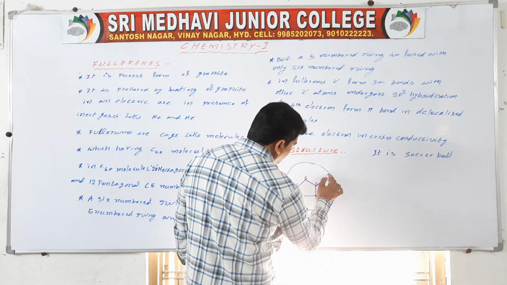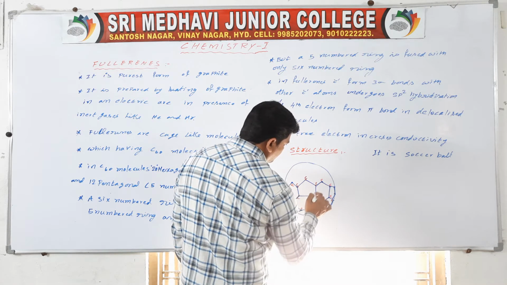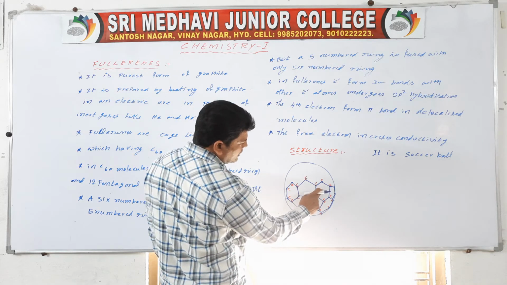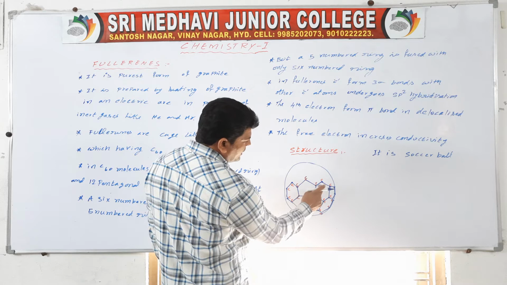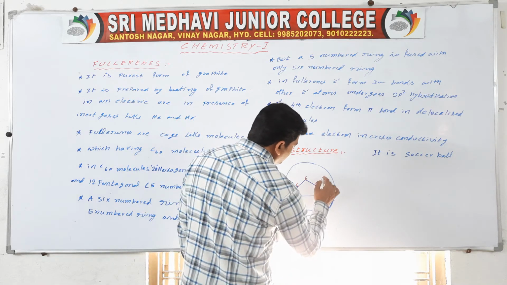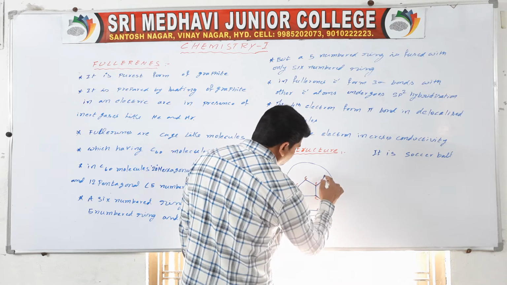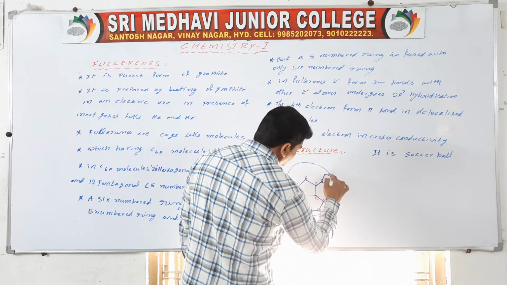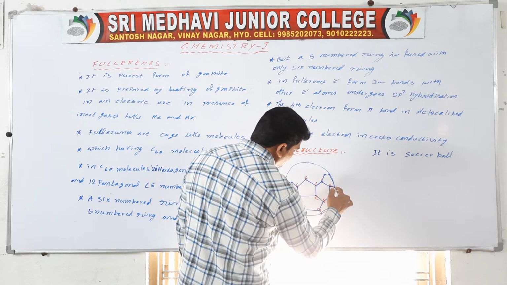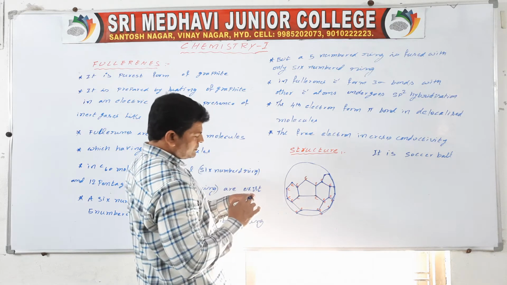Okay, a five numbered ring is fused with only 6 numbered rings, but a 6 numbered ring is fused with a 6 numbered ring and a 5 numbered ring. Okay, then it is 1, 2, 3, 4, and it is a 5.